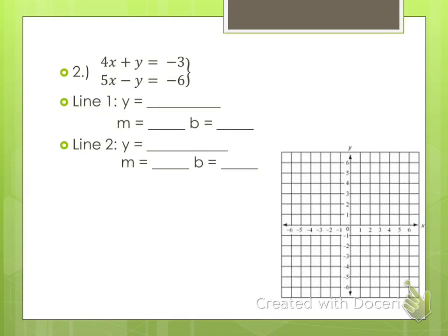All right, I know some of you have already moved on to the back page, but let's go to number 2 so we can talk about it. First things first, we need to get y by itself. So if we've got 4x plus y equals negative 3, who can tell me how to get that y by itself?